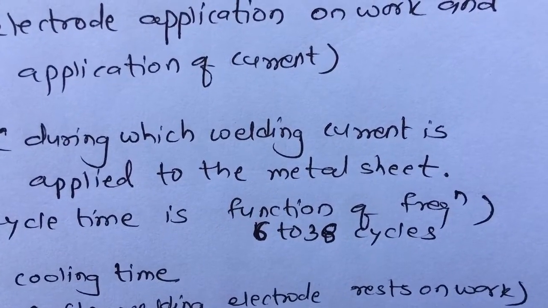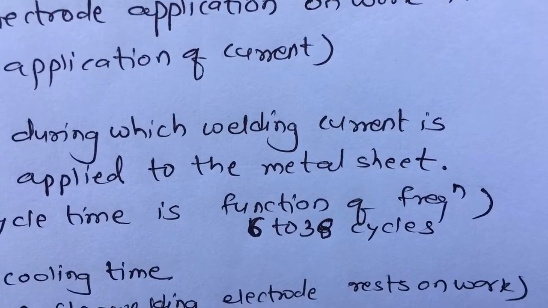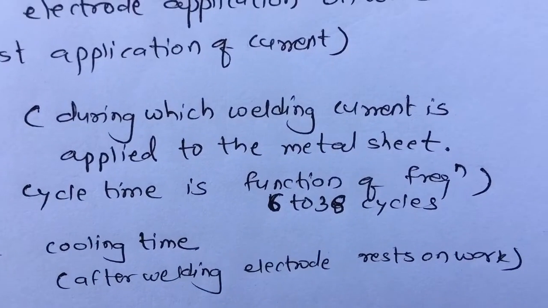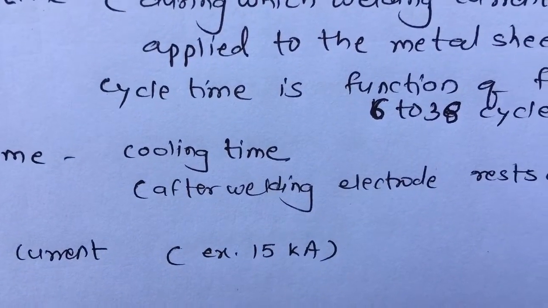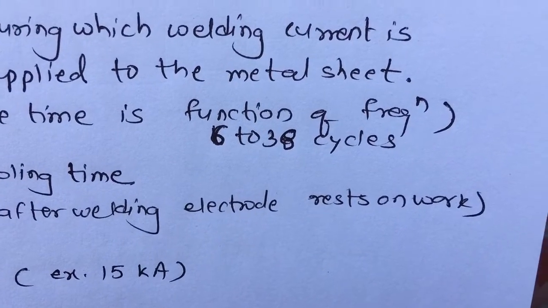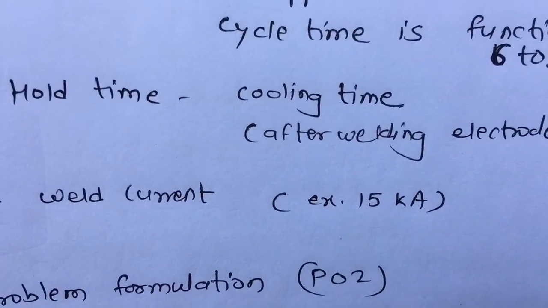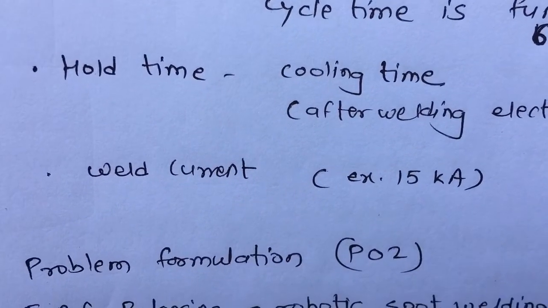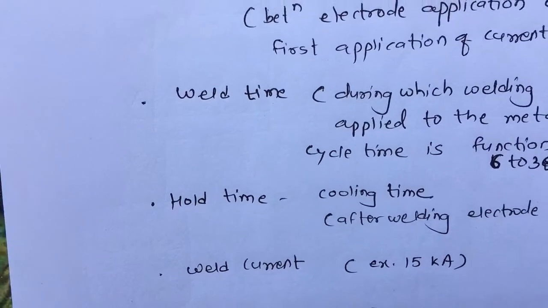For example, if the application frequency is 50 Hertz, then 6 cycles means 6 upon 50 Hertz. The cycle count varies from 6 to 36 cycles. Then hold time is also called cooling time: after welding, the electrode rests on the work for some time, and that is called holding time. Then the weld current is, for example, 15 kilo ampere, which is considerably large. So in short, there are about 5 to 6 parameters.